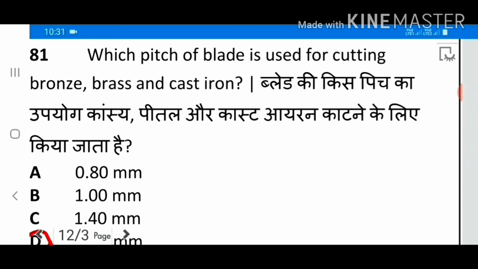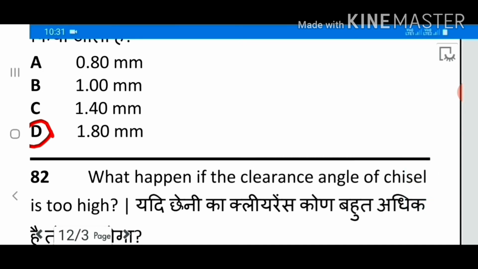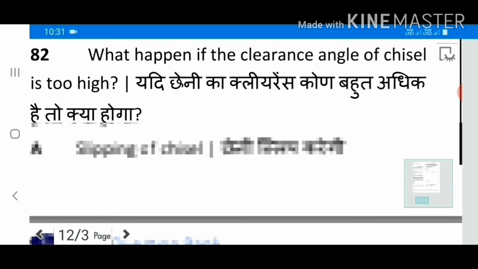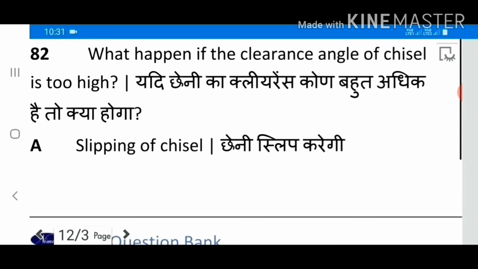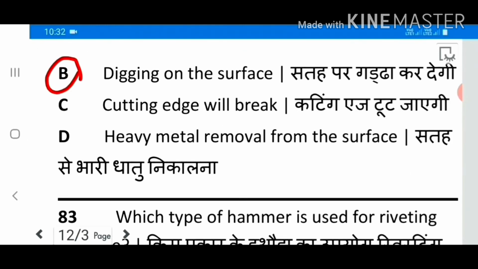81. Which pitch of blade is used for cutting bronze, brass and cast iron? Answer D. 1.80 mm. 82. What happens if the clearance angle of chisel is too high?